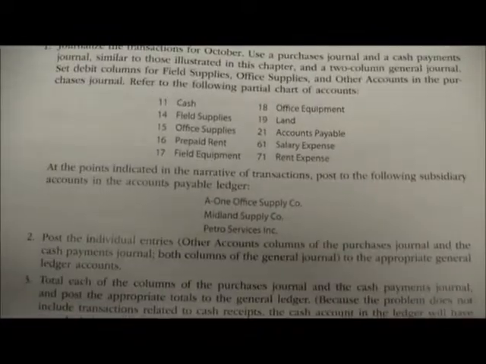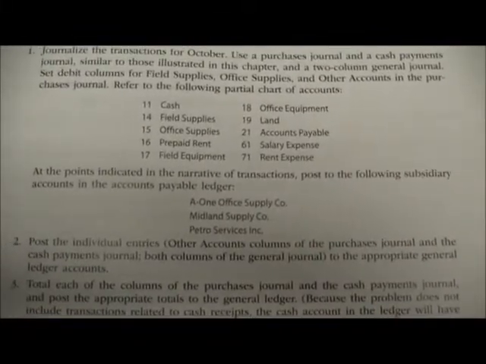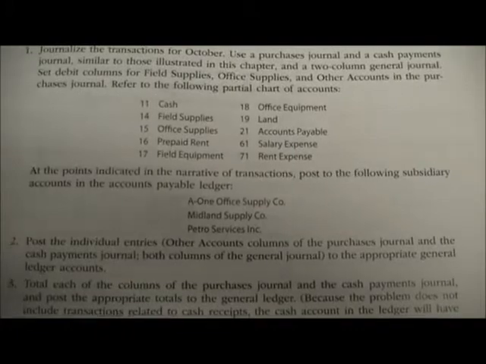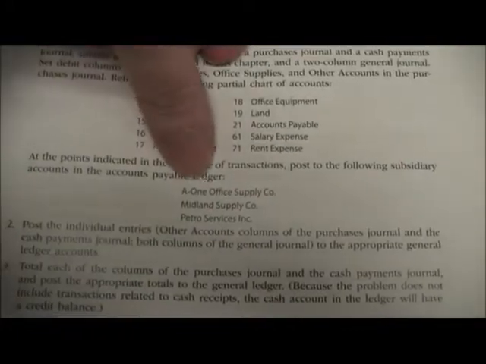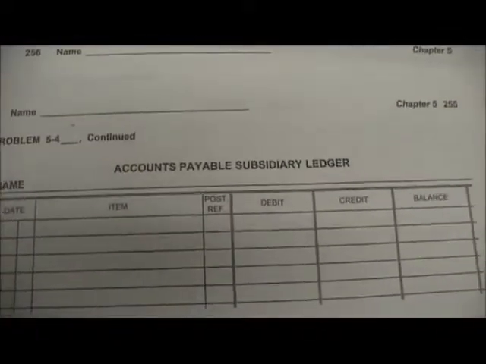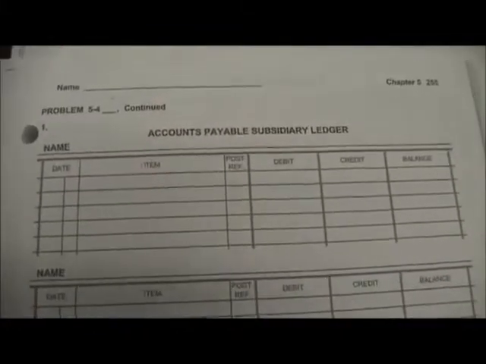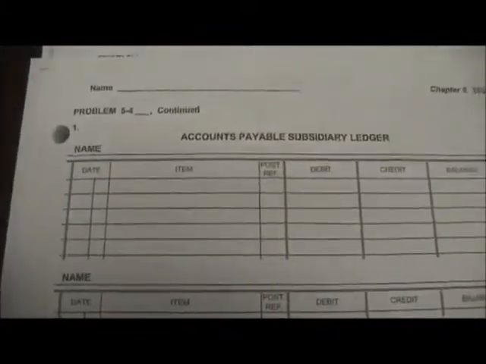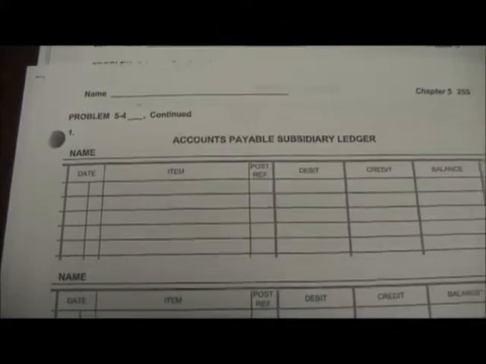Also listed in our textbook, we have subsidiary accounts that go into the accounts payable ledger, and there's 3 subsidiary accounts. So in your working papers, find the ledger that says Accounts Payable Subsidiary Ledger at the top. The first one is called A1 Office Supply Company.